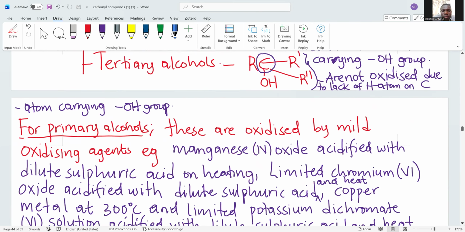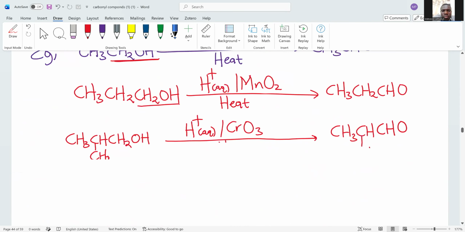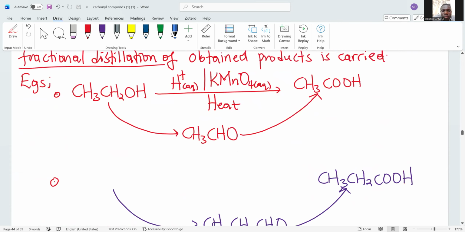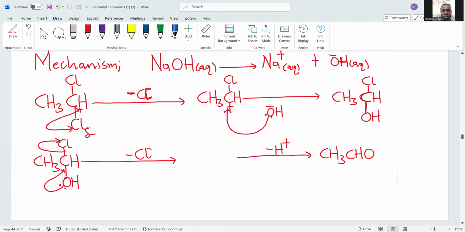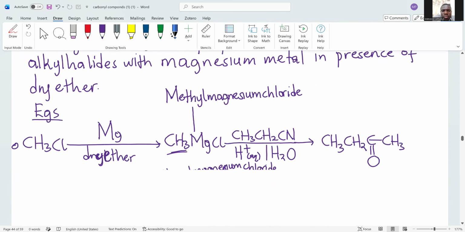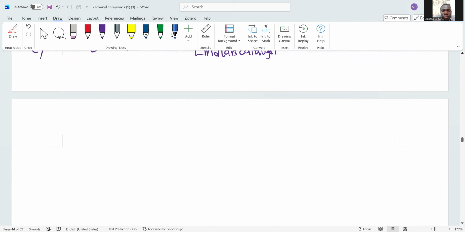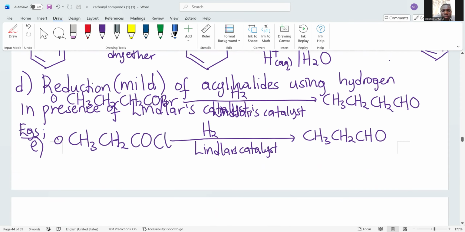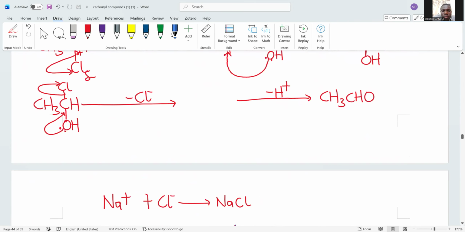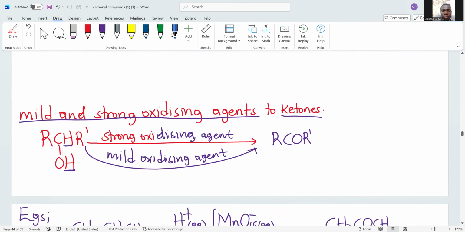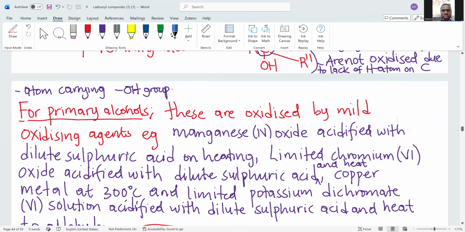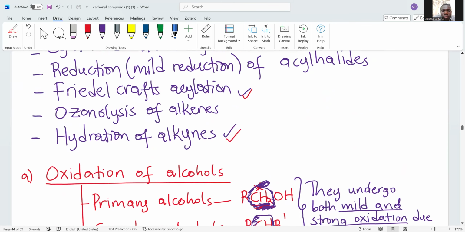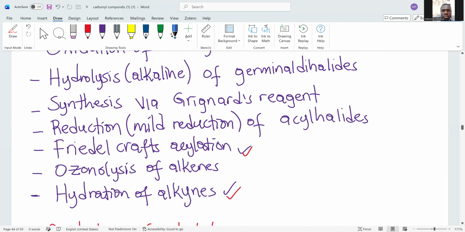Hydration of alkynes was covered under alkynes. I only have ozonolysis left. So I stopped on mild reduction of acyl halides. Now I want to continue with the ozonolysis of alkenes.